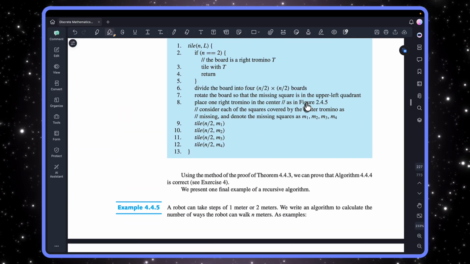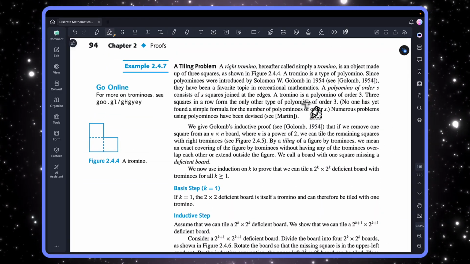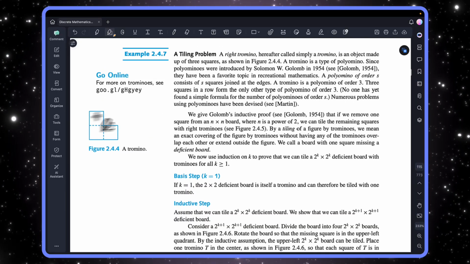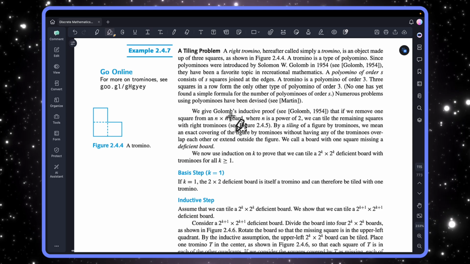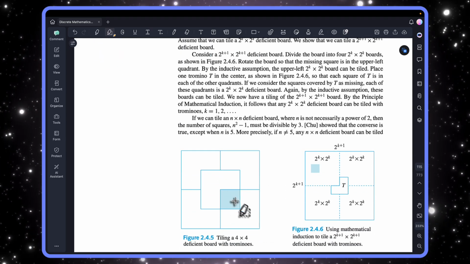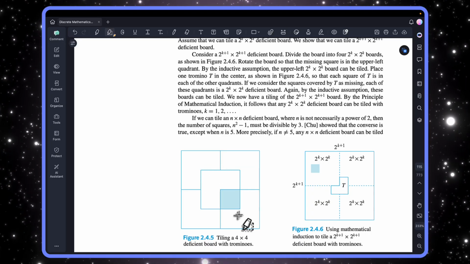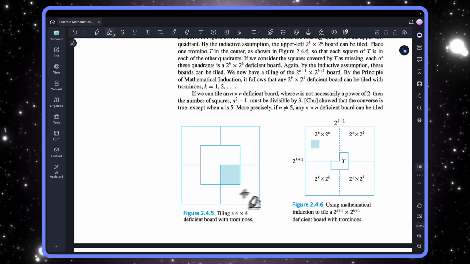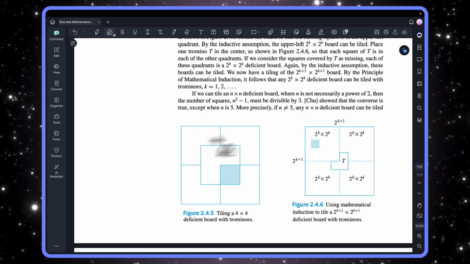So here we go. This is something that was in chapter 2 that I didn't make a big deal of, but it's really quite interesting. This is what they look like. They're just these little L-shaped things. The tiling problem is that if you have a board, like this one here, an example of a 4x4 board, 1, 2, 3, 4, and it has this square missing, you can tile or cover the rest of the board with these little L-shaped things.